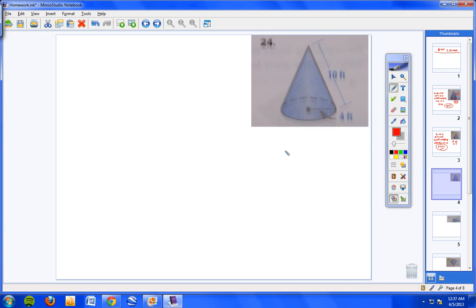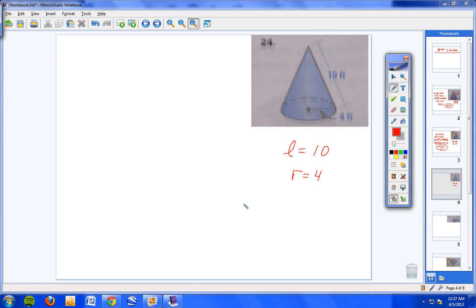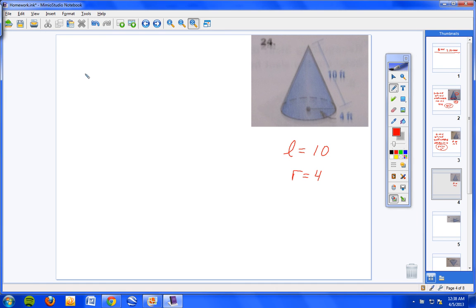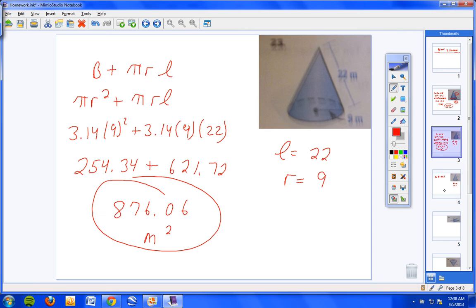Notice they give us the slant height again, so we know that L equals 10, and we know the radius equals 4. So we are ready to find the surface area of this cone, and of course it's area of base plus 2 pi L, and well, that's not right, sorry about that.